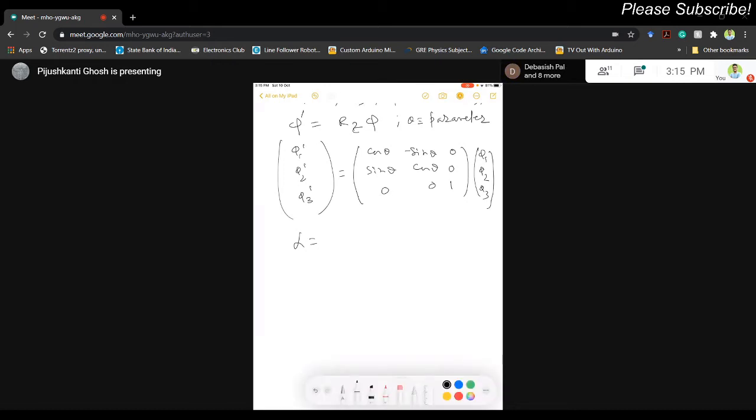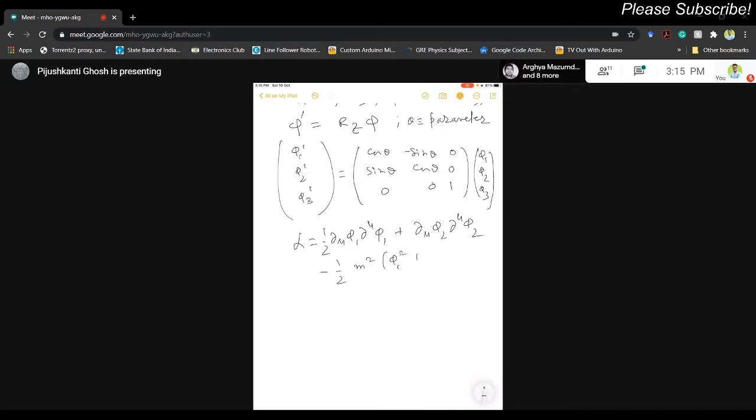Yesterday I wrote something like half del mu phi 1 del mu phi 1 plus half del mu phi 2 del mu phi 2 minus half m square (phi 1 square plus phi 2 square).